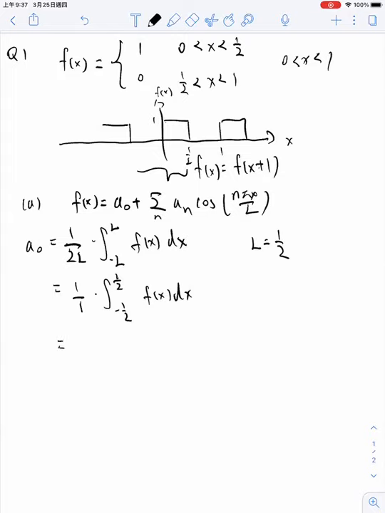And because the function from negative 1/2 to 0 is equal to 0, we only need to integrate half of it. And you'll get a naught is equal to 1/2.